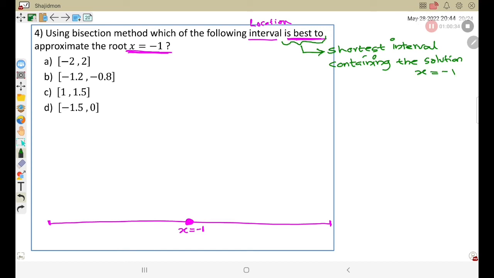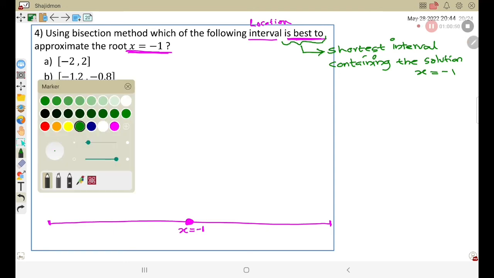Then the program will terminate easily and get the answer immediately, maybe at P1, P2, or even P3 itself. If you take a bigger interval, the program will run more time and take more steps for getting the answer.